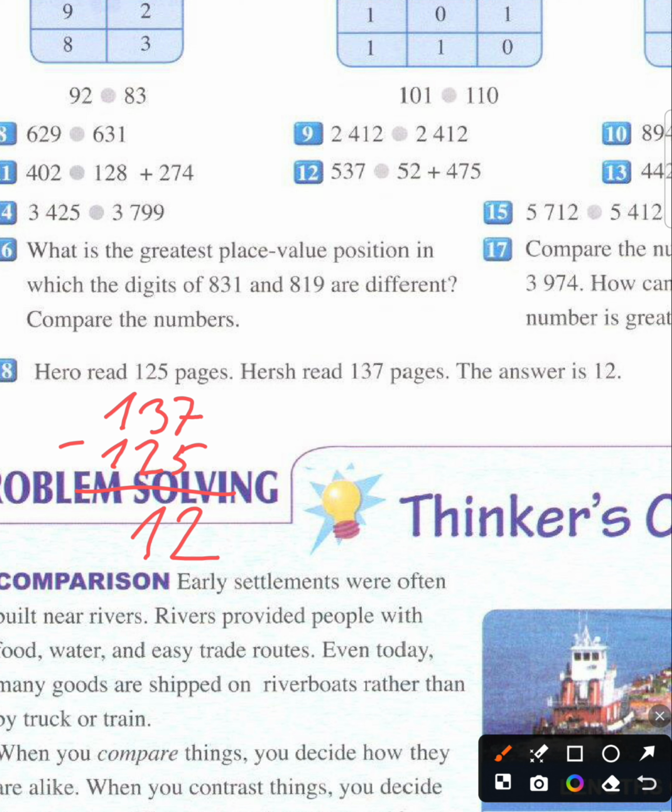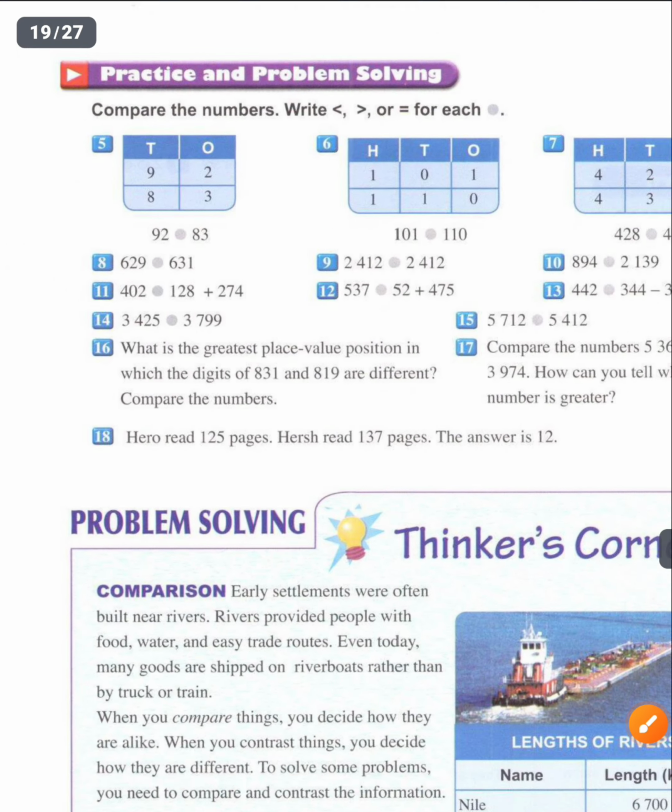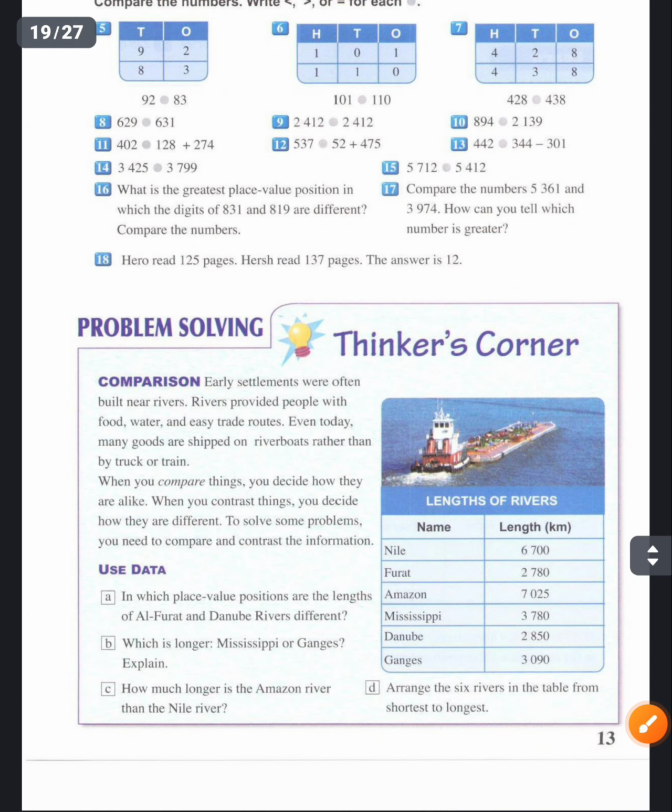Okay, we can say that 125 is less than 137, and I don't know why it's like here. What's the question? No idea. The answer is 12. I don't know what it means. Okay, this is the problem solving.